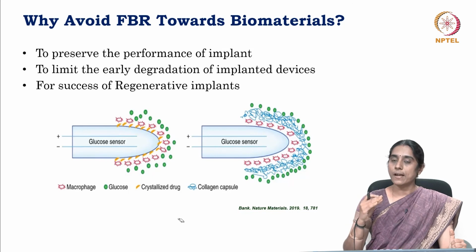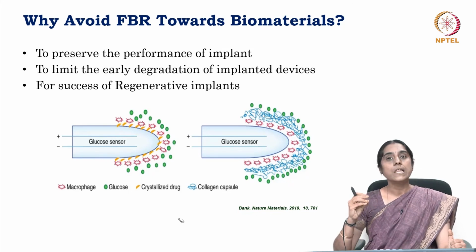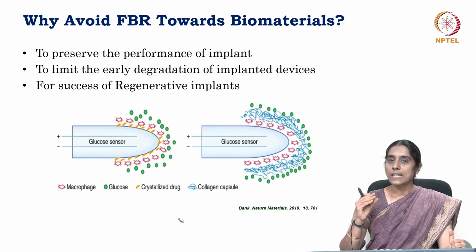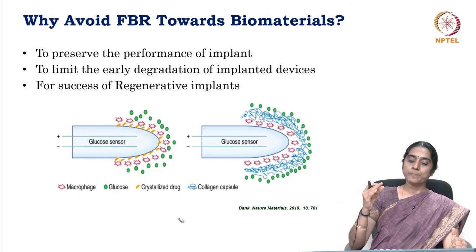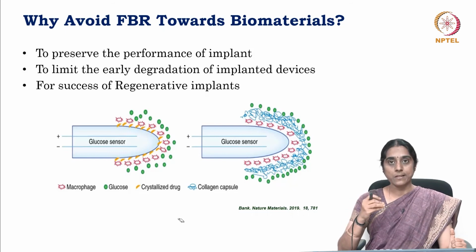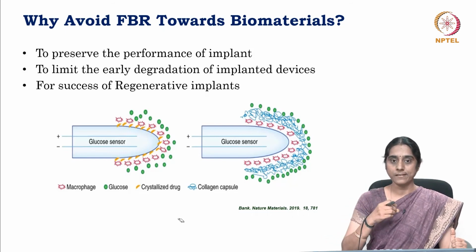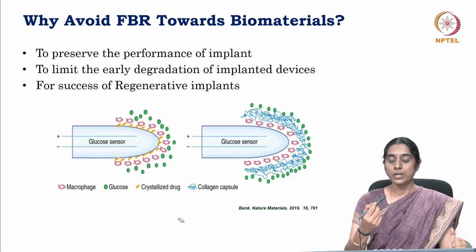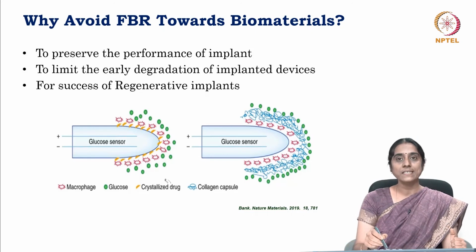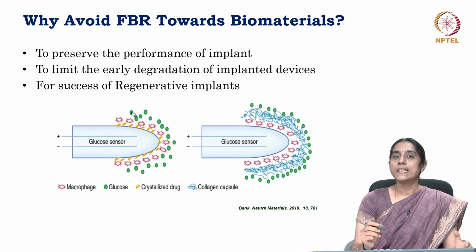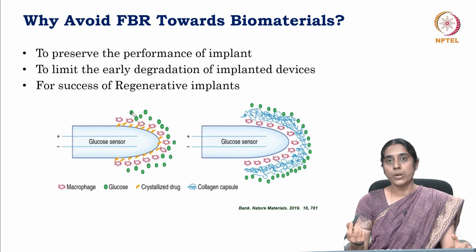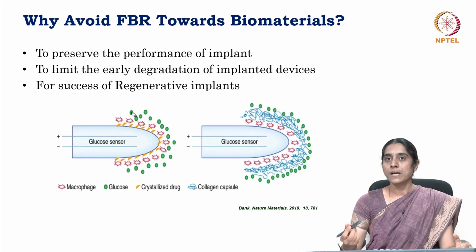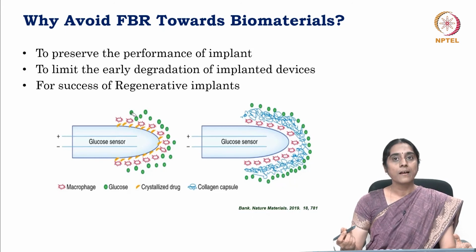To a certain extent it is required for some biomaterials, but in some cases, like where we want to place an in vivo biosensor, if there is going to be a foreign body reaction causing collagen deposition around the sensor, then what will happen? The sensitivity of the sensor will not be optimal. We cannot rely on that, and over a period of time, its functionality will be gone.